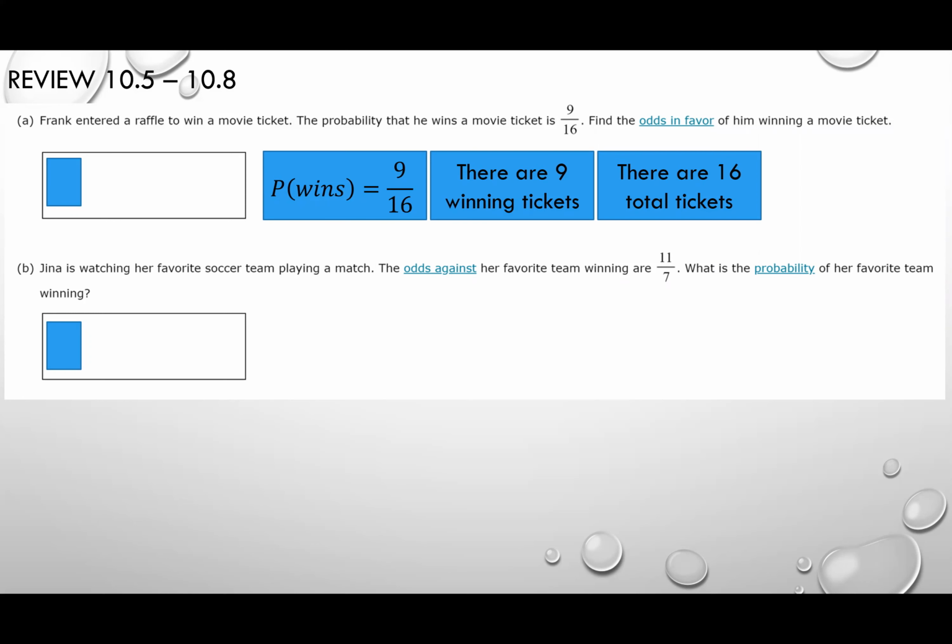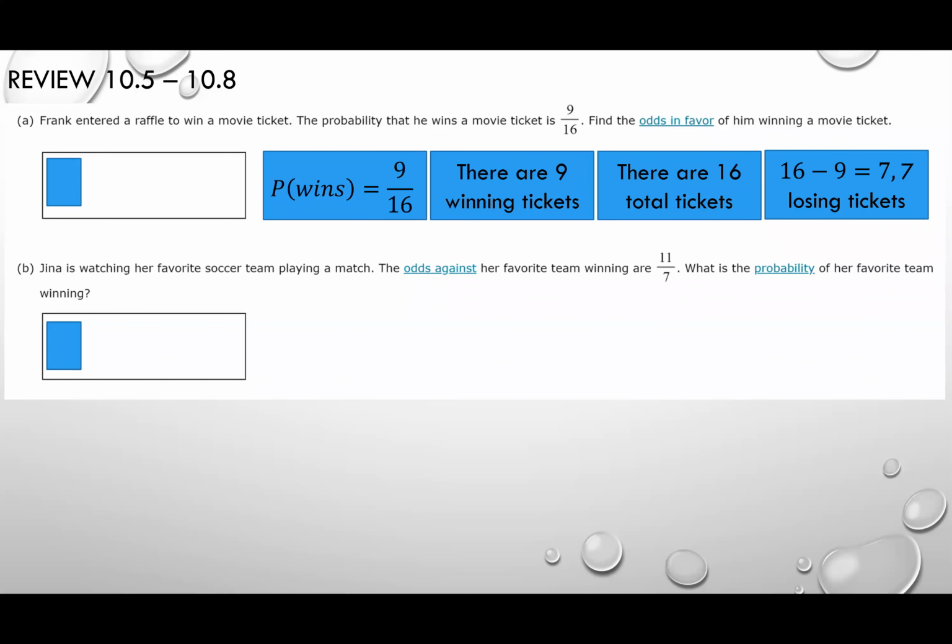So do you agree that if we have 9 winning tickets, I can take 16, which is the total, minus 9 to give me that the remainder is the 7 losing tickets? There are 7 tickets that are losing tickets, right? Meaning it does not fit the description of winning. So again, the probability is 9 over the total. 9 is what we have, the winning tickets, over the total.